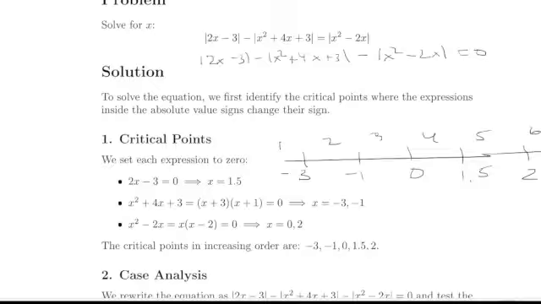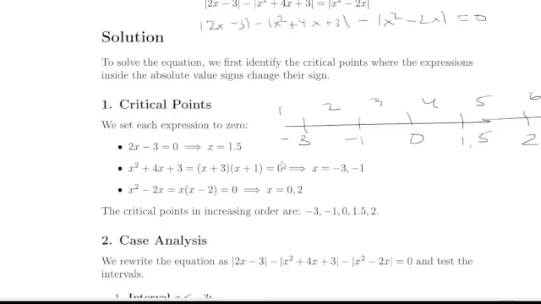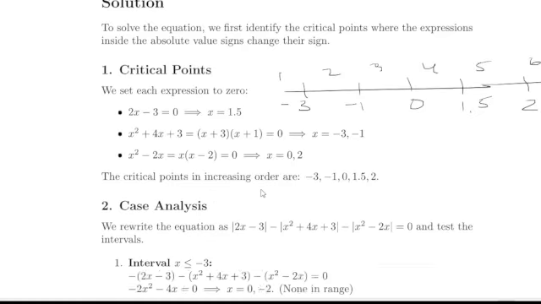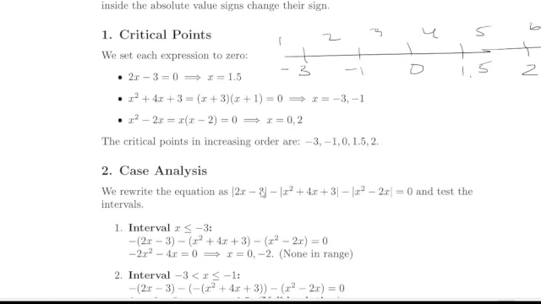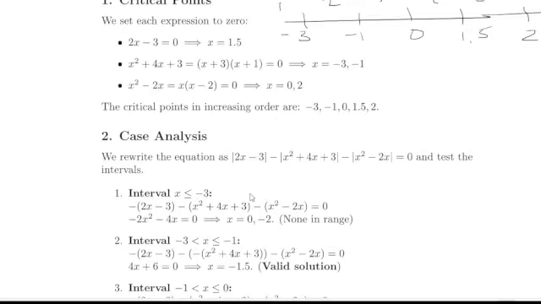Okay, so then we have to see, if x is less than or equal to negative 3, are these positive or negative? Well, this inside is negative. This is positive, and that's positive. So the negative, we're just going to multiply by negative, and these last two, we're just going to leave the same.